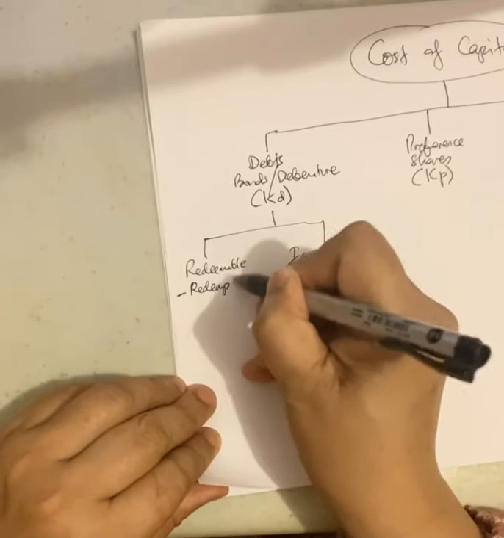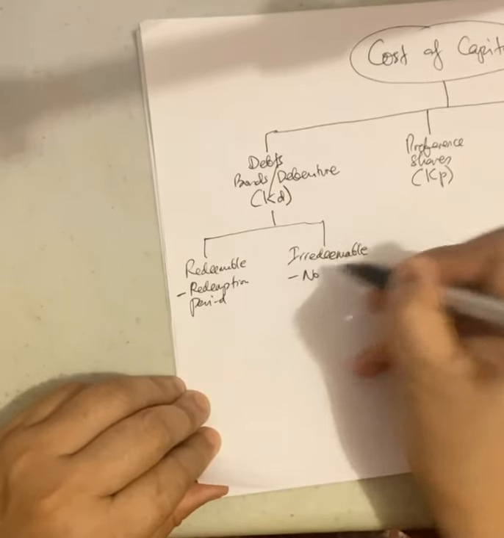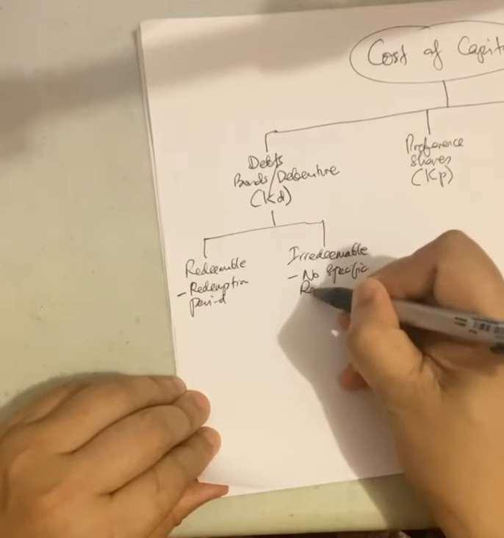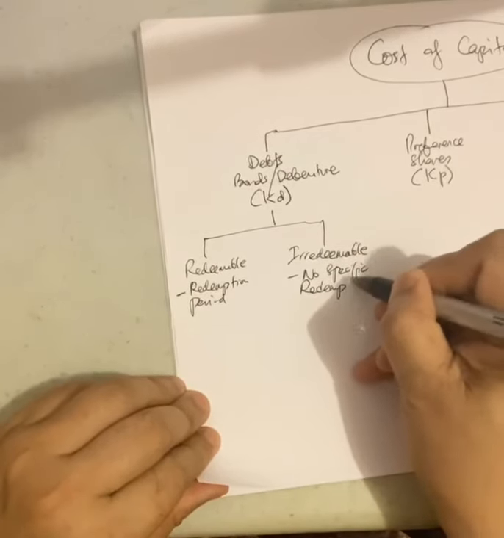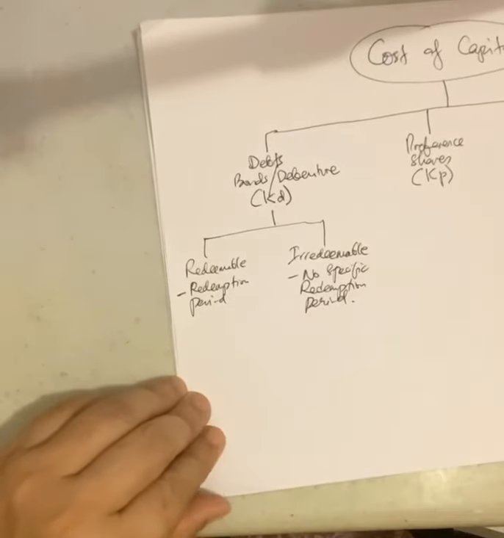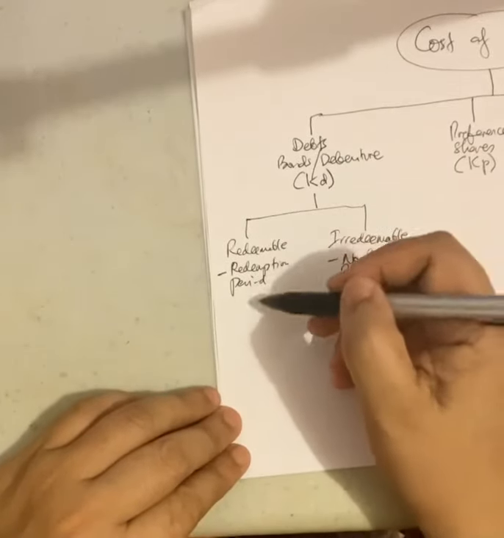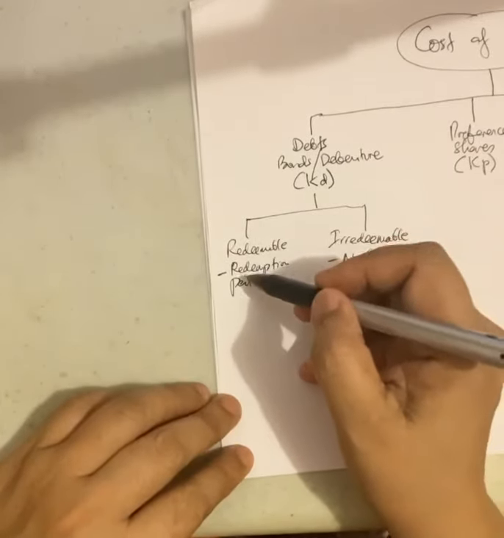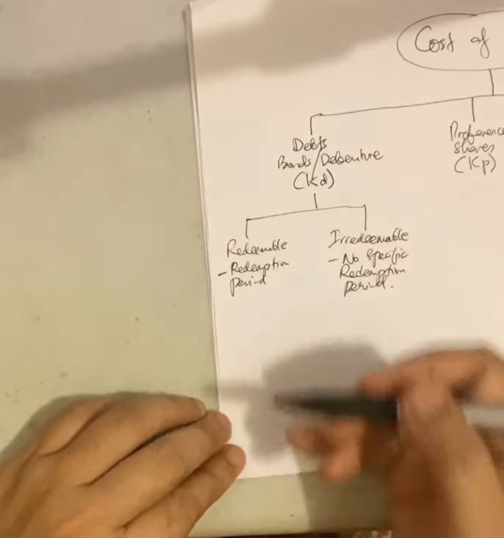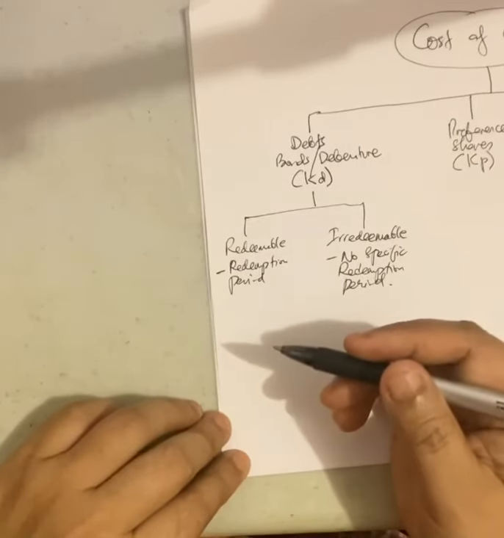For debts with a redemption period, so it is a redeemable, you have a longer formula to calculate the cost of debts.